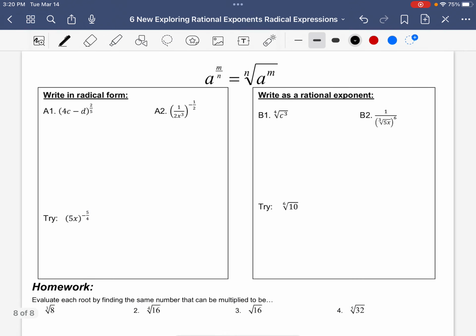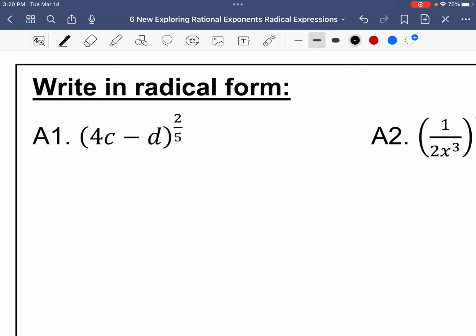One more thing with this concept, and it's basically about being able to work with some other expressions. So here, it really doesn't matter that it's 4c minus d.